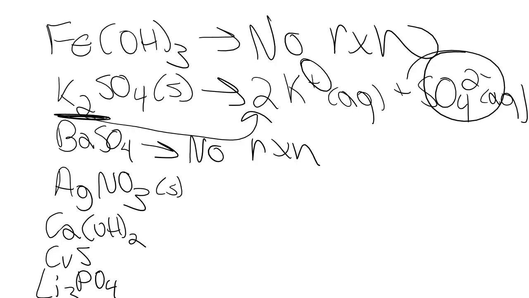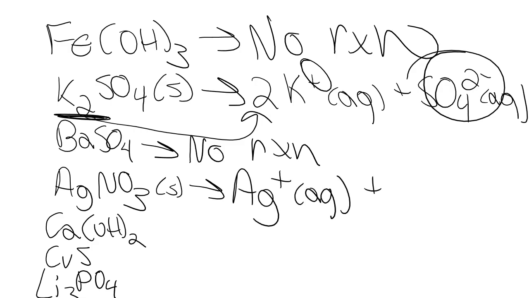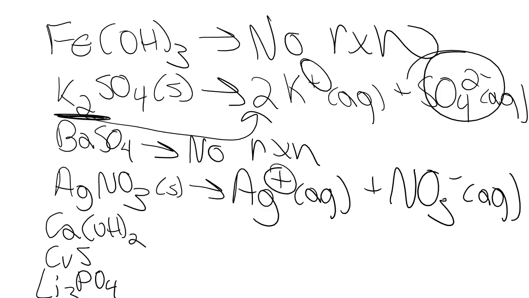Compared to the next one, AgNO3, I look for nitrates, and it says nitrates are always soluble, no exceptions. Remember, Ag is always a +1. If you forget that, again, that's on the polyatomic ion sheet. And then calcium hydroxide, it says OH is generally insoluble.